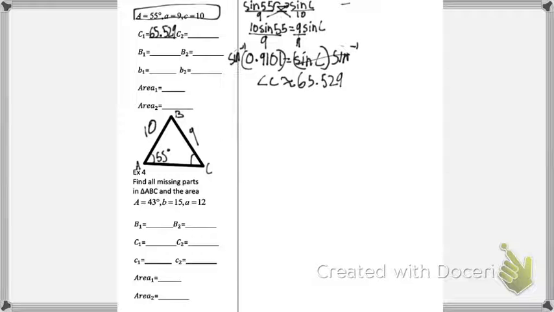Now let's write it here. Now we need to find B1, angle B. We already know that our angles are supposed to add up to 180 degrees, and we know the first two angles in the triangle. So let's subtract 180 minus 55.